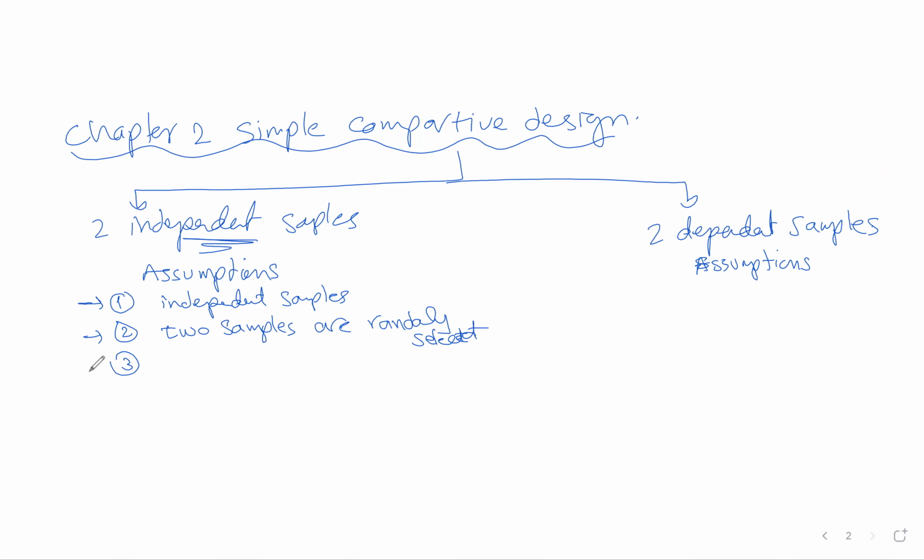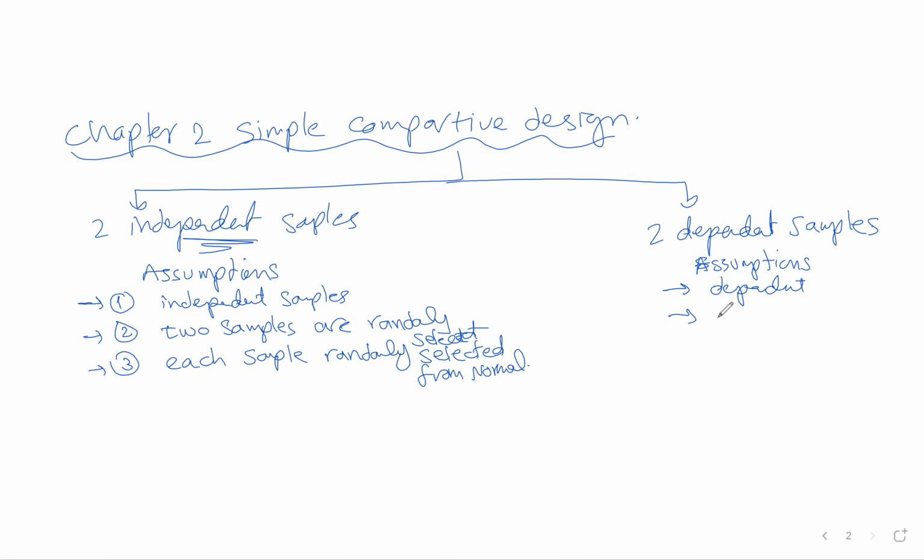Third, each sample is randomly selected from a normal distribution. But for the dependent samples, the assumption is that the two samples are dependent. What do I mean by dependent? I measured one sample two times, like before and after.